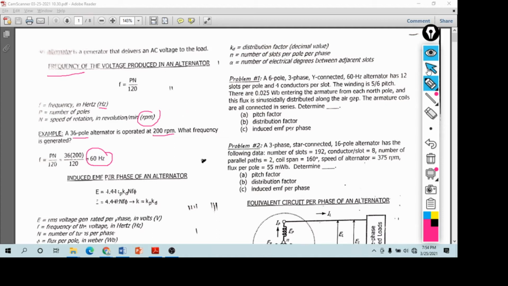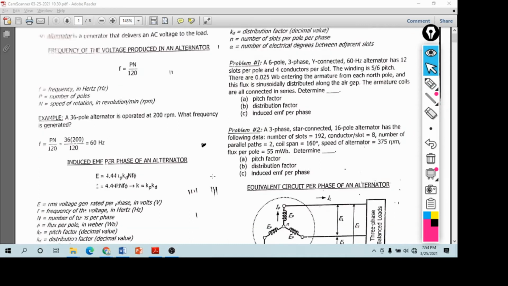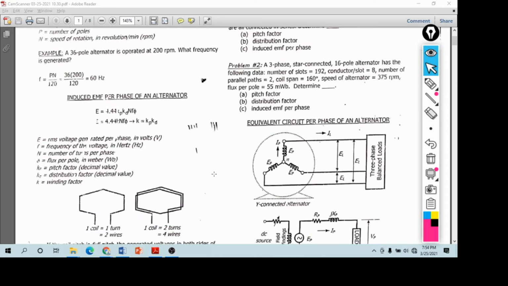Okay, now induced EMF per phase of an alternator. Okay, so induced EMF: as the rotor rotates, the magnetic field also rotates, since the rotor contains the magnetic field or the field windings in alternator construction.